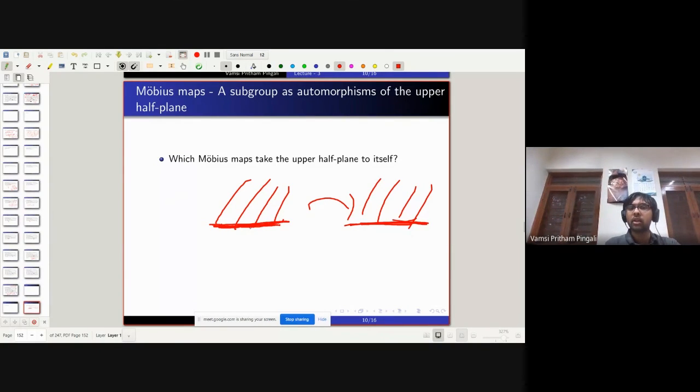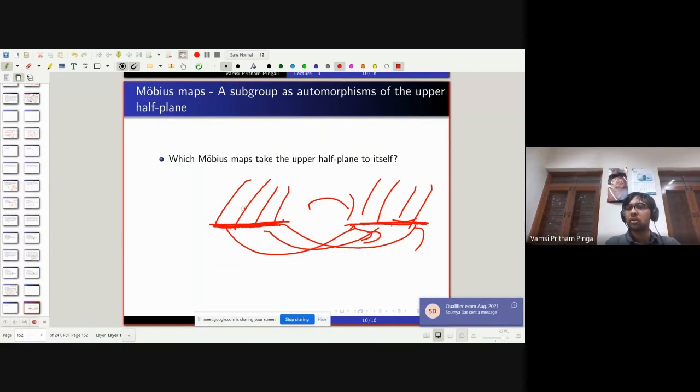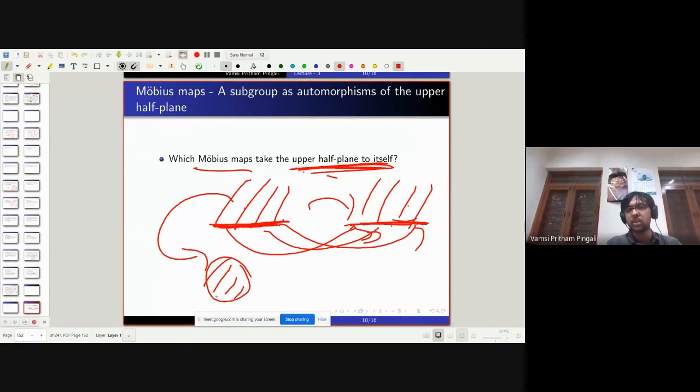You just take 3 favorite points over here and 3 favorite points there, make them go to these, and make sure that this goes to this, and you'll get lots of Mobius maps, right? So the question is, which ones take the upper half plane to itself? I hope the question is clear. Not everything does that job, because there is one Mobius map that takes this to the unit circle. So clearly this is not the kind of map that I'm looking at.